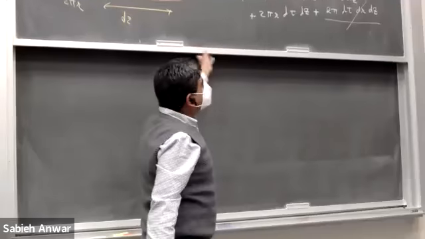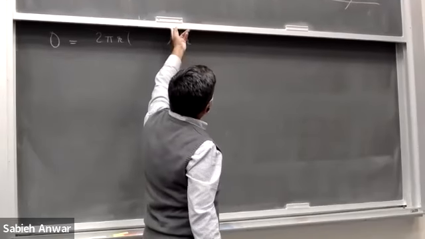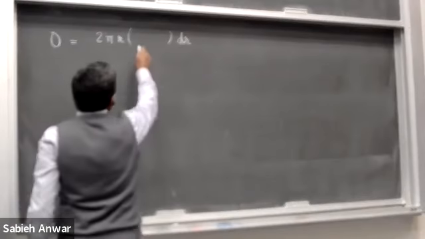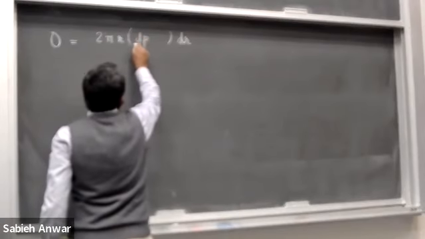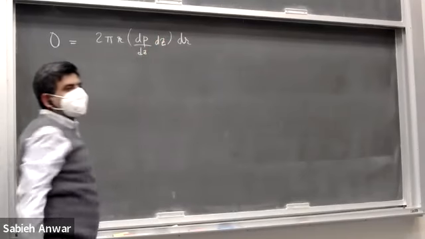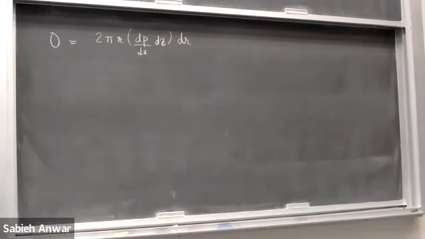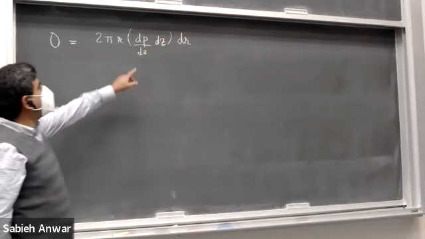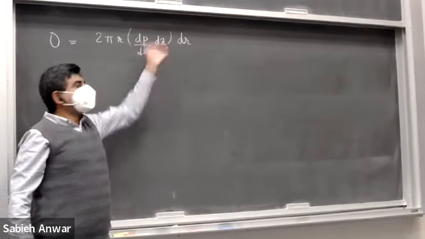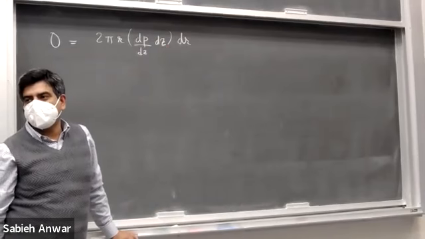Now, instead of dp, what I would like to do is write this as dp over dz dz. So this is just the first order term in the Taylor expansion. A small change in p is equal to the rate of change of p with respect to length multiplied by the small length. Chain rule.